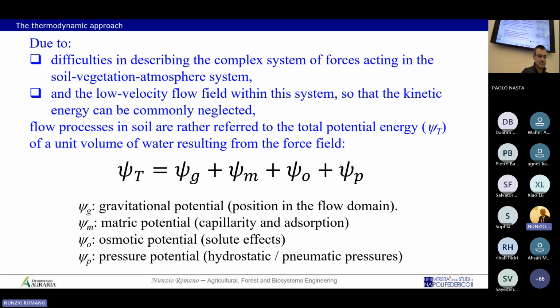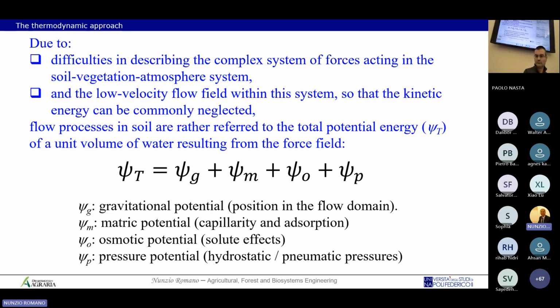So, because of the difficulties of describing this complex system of forces, as I mentioned before, that act in the soil, vegetation, atmosphere system, we refer to the mechanical energy. Why? Because the movement of water molecules in the system is so slow that we can disregard the velocity.